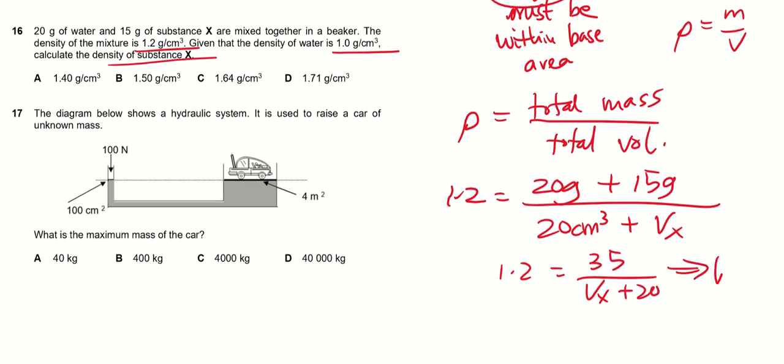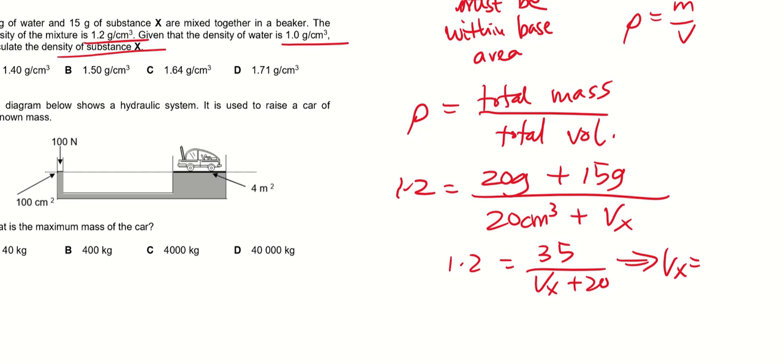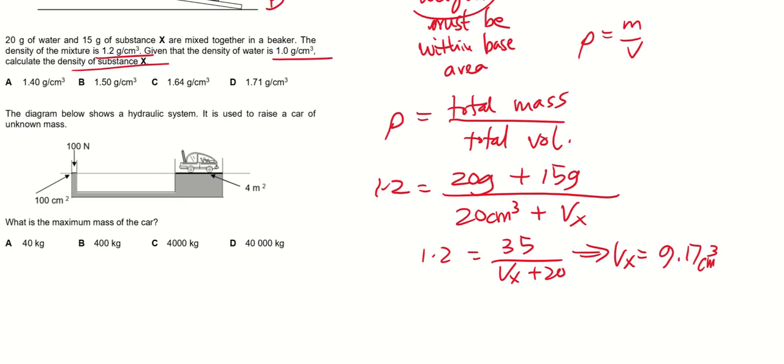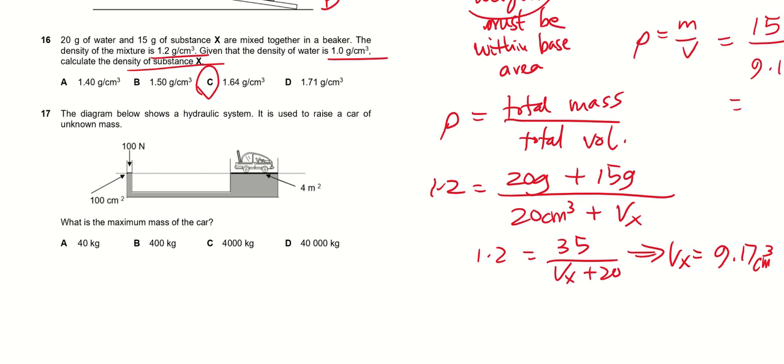Therefore my Vx I can calculate it out to be, give me a second, Vx is going to be 9.17 cm cube. So they want us to calculate the density of substance X. So then we apply into this formula. The mass of substance X is 15 divided by its volume 9.17. I will get 1.636, which the best answer is C. Okay, so question 16, answer is C.